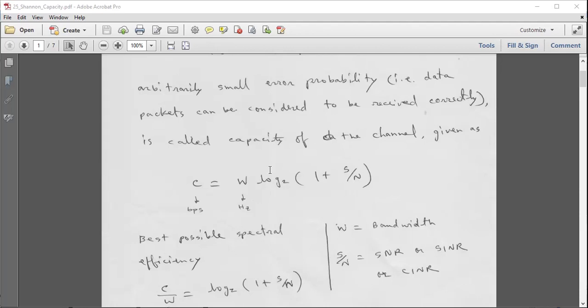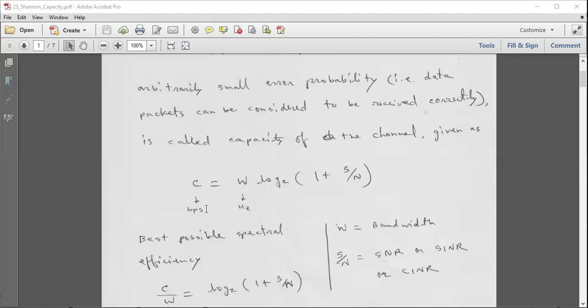Okay, so even after the use of all these things, when you calculate the bit rate, you will be below Shannon's capacity.